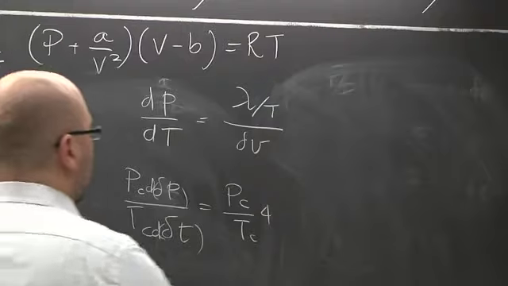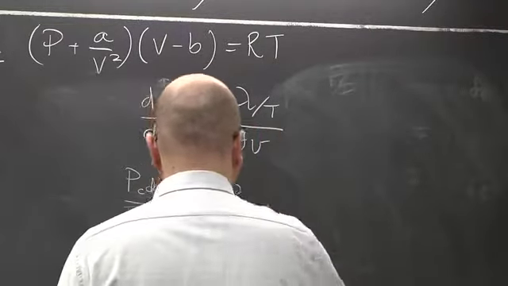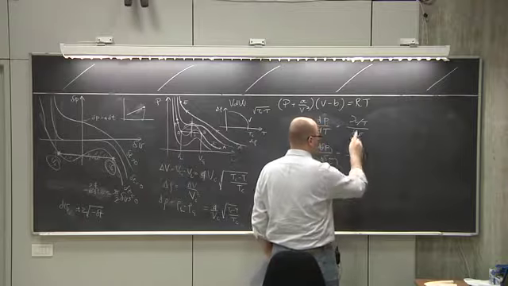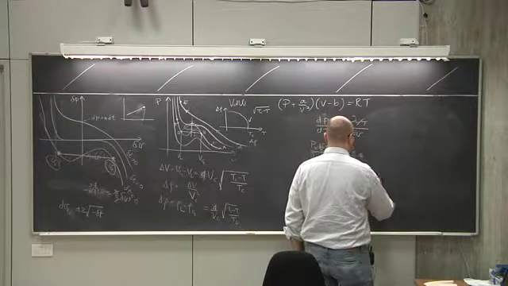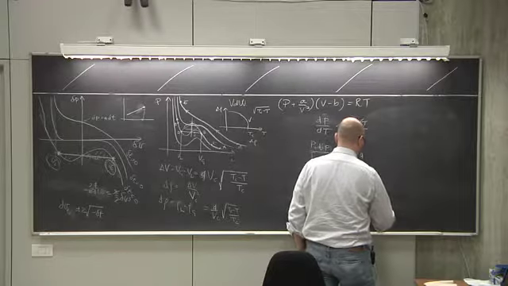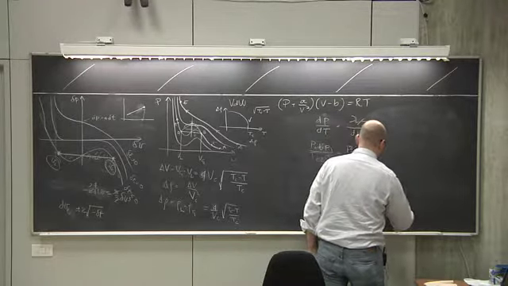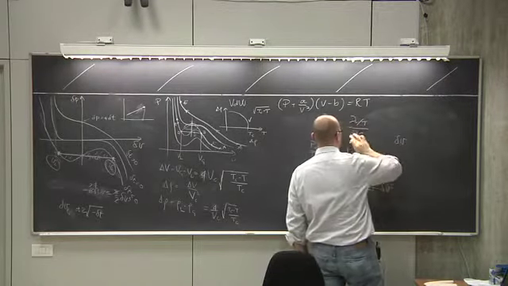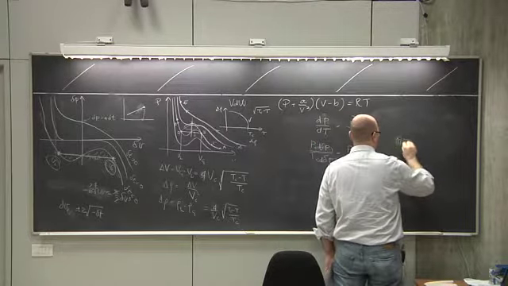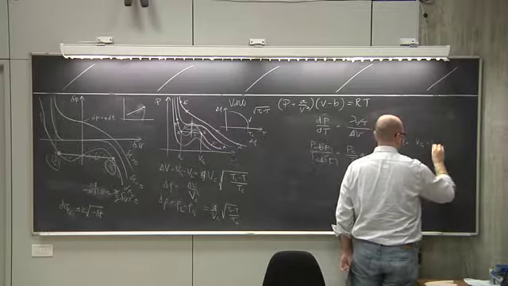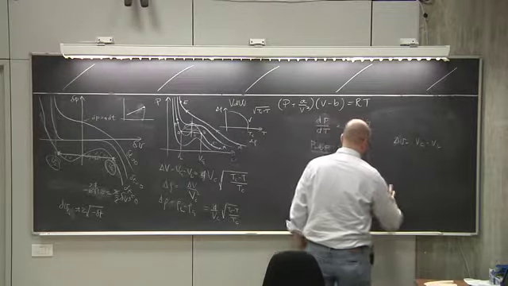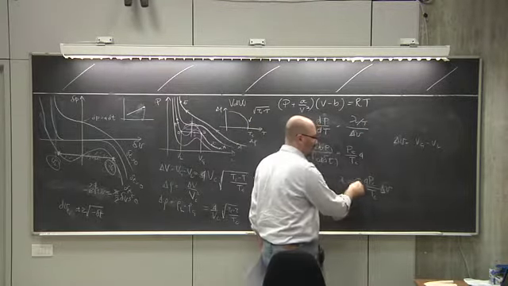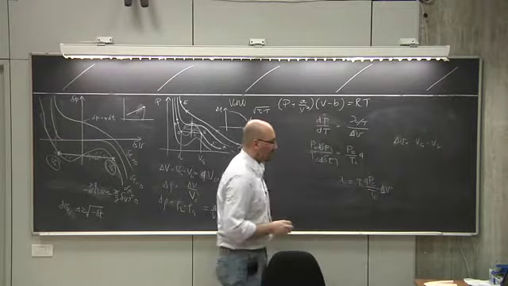On the other hand, here we have lambda divided by T. So lambda is equal to T Pc divided by Tc times 4 times delta V. Now for T close to Tc, we can just substitute this T by Tc.